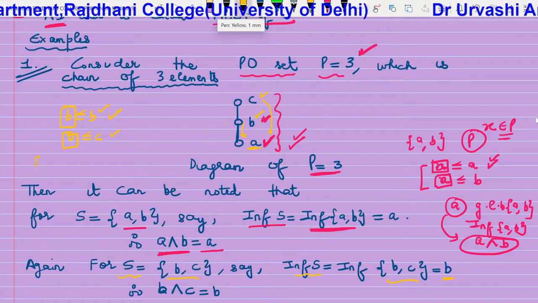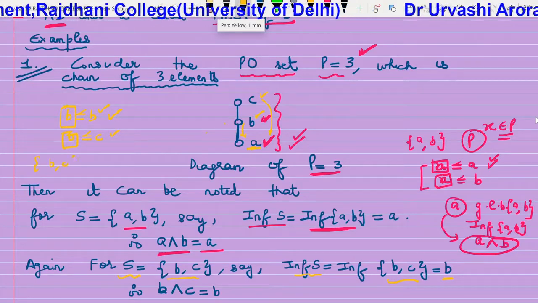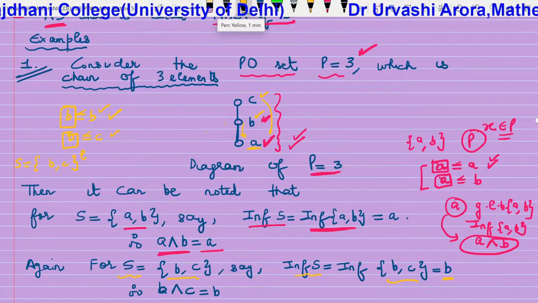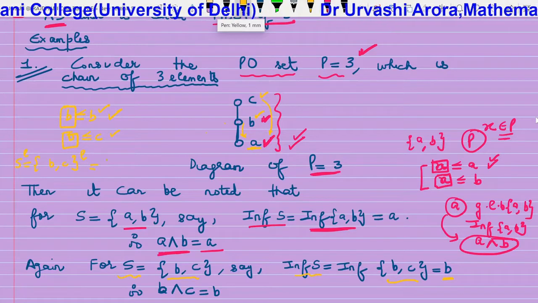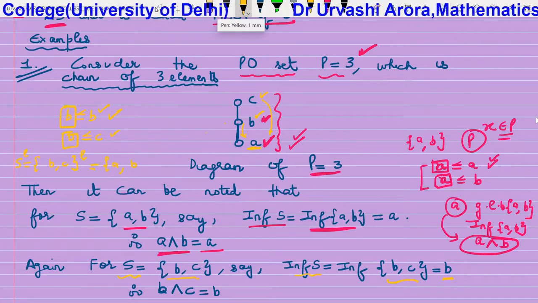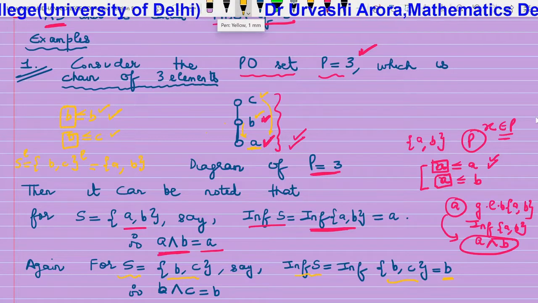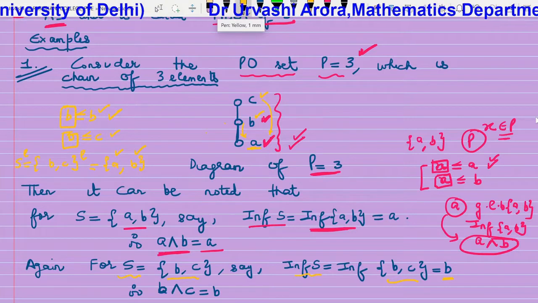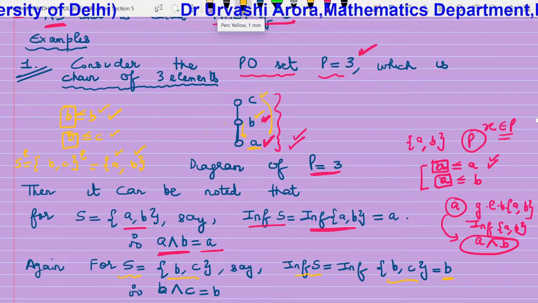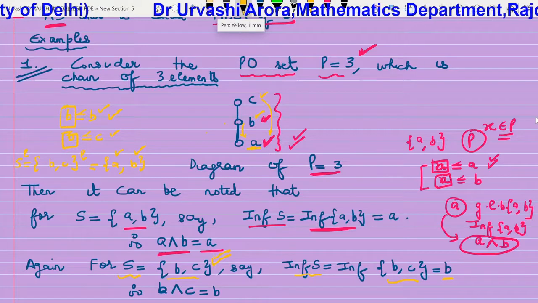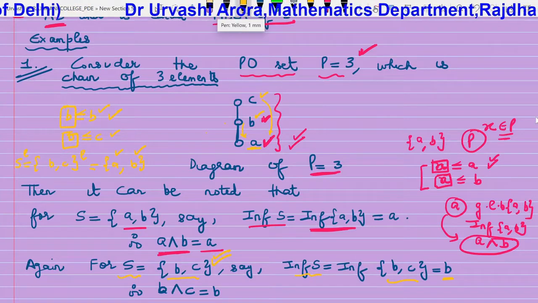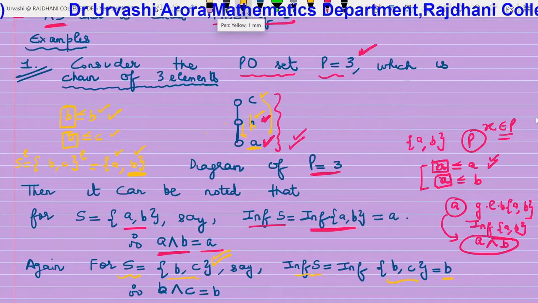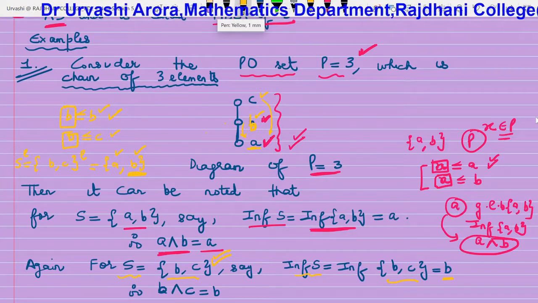So if we try to find the lower bounds of the set S consisting of B and C, the set of all lower bounds will be not just A, but both A and B. Both A and B act as lower bounds of the set S, but out of A and B, the one which is the greatest is B, because B is at a level higher than A. From the Hasse diagram we can see that.